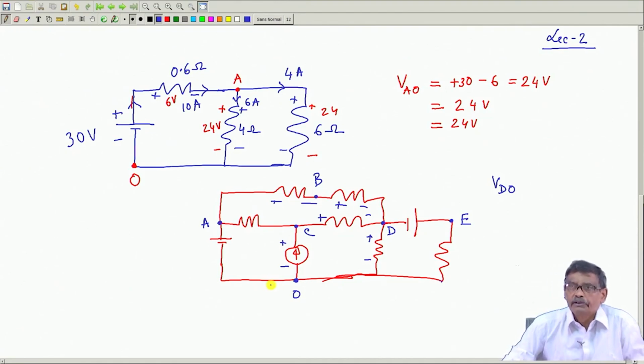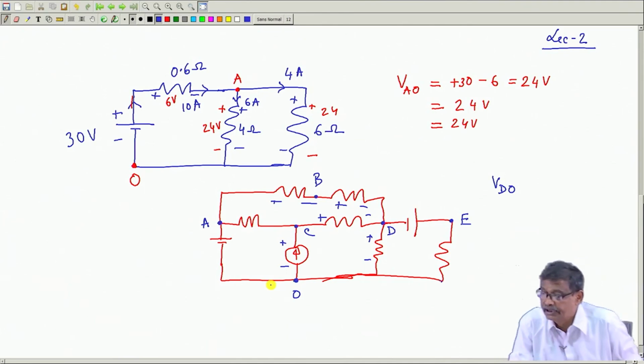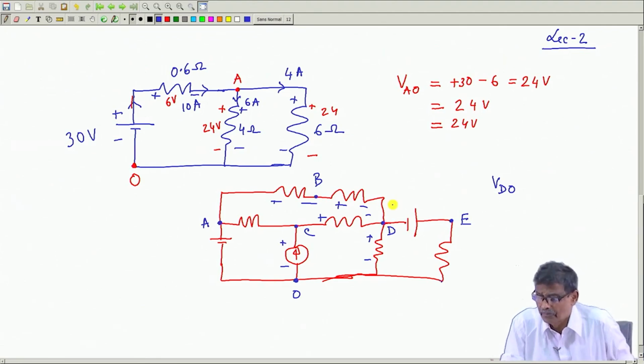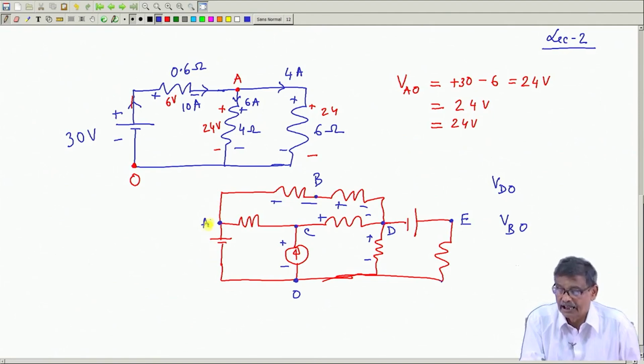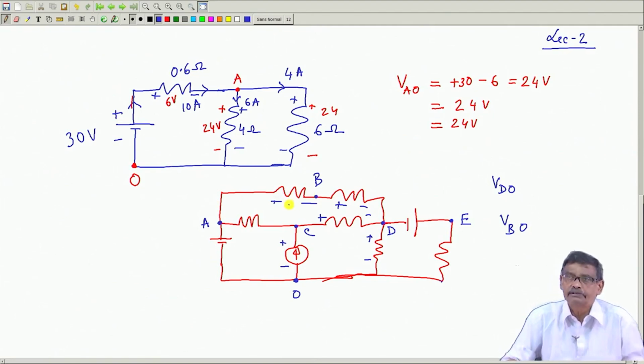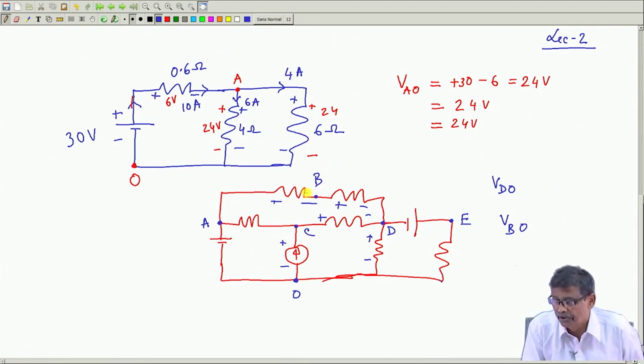You should be able to calculate the voltage existing between any 2 points in the circuit. For example, if somebody is interested to know VBO, he should start his journey and try to reach the point, and algebraically sum the voltage drops across the elements that he encounters along that particular path. He could choose this point and that point.